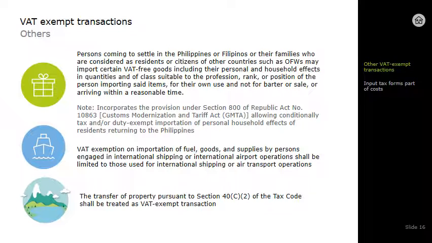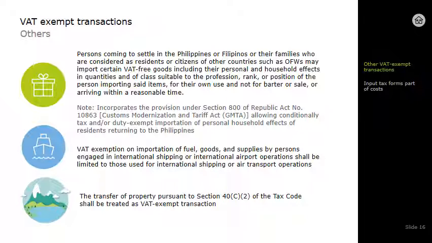Now, let us deal with other VAT exempt transactions. So, when it comes to our Pilipino, non-resident Pilipino, including yung mga balik-bayan, na yung kanilang personal and household effects, which are in quantity and class suitable to their profession, rank or position, and not intended for sale.